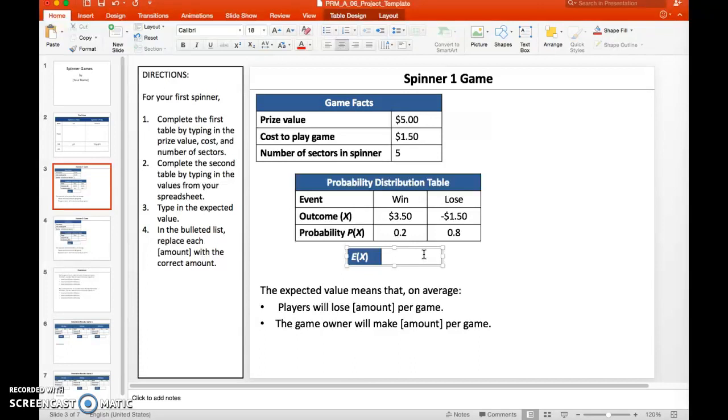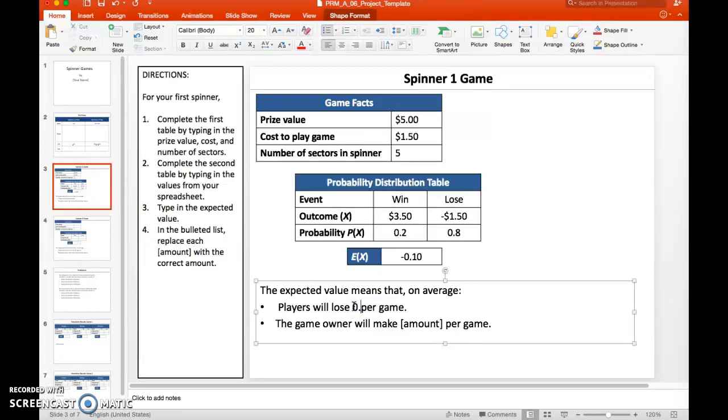Okay, so I came up with negative 0.10. Not a whole lot, but that's okay. What this means is that the player is losing on average 10 cents per game, and the game owner is making 10 cents per game.